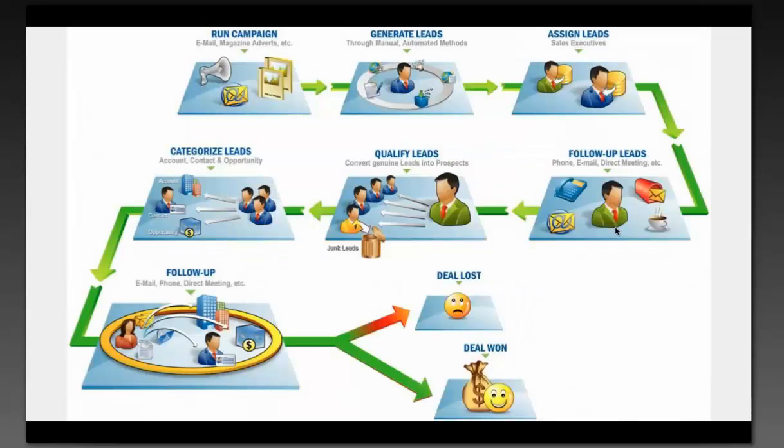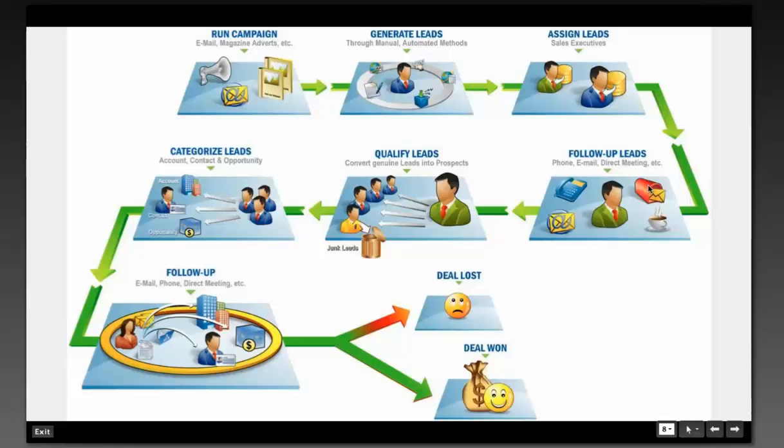And here's a more in-depth view of that sales funnel. So you run your campaign first, you generate your leads. Once those leads are generated, they're pulled into our system either through an import, a web form, or you're manually entering them. Then you're assigning the leads. Sales reps will be assigned their leads depending on what system you want to follow for lead assignment. Then you follow up. You're going to phone them.